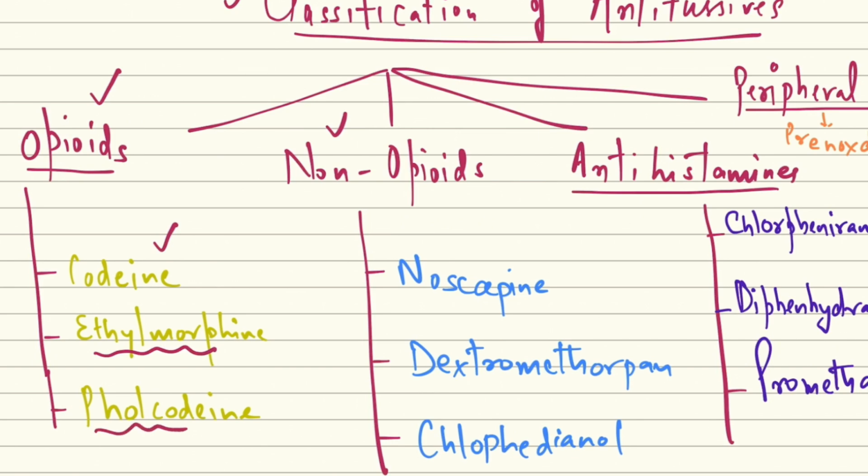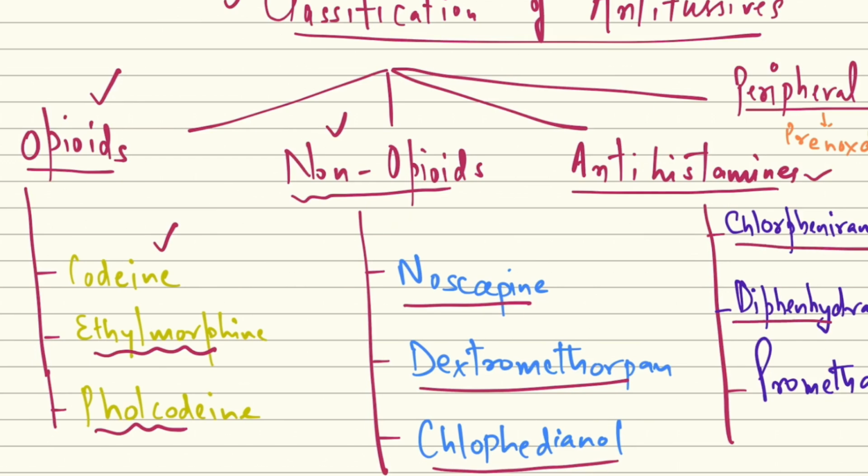Among the non-opioids, we have noscapine, dextromethorphan and clofedianol. Among the antihistaminics, we have chlorpheniramine, diphenhydramine and promethazine. And in the peripherally acting group, we have prenoxdiazine. So we have opioids, non-opioids, antihistaminics, and peripherally acting antitussives.